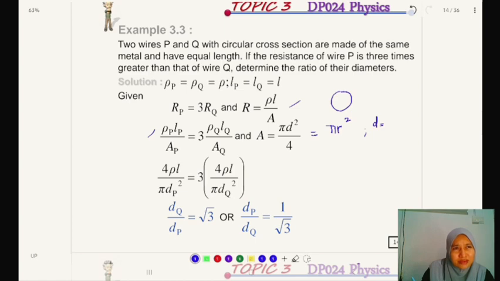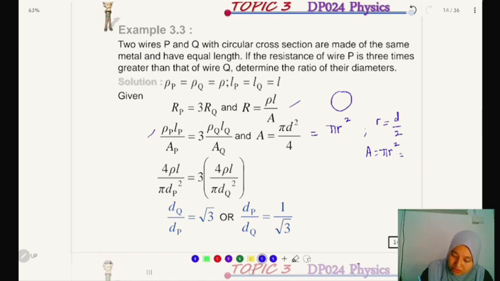Kita mention R lah kan. R sama dengan diameter bahagi 2. Okay. So, kalau masuk formula area, A sama dengan pi R square.